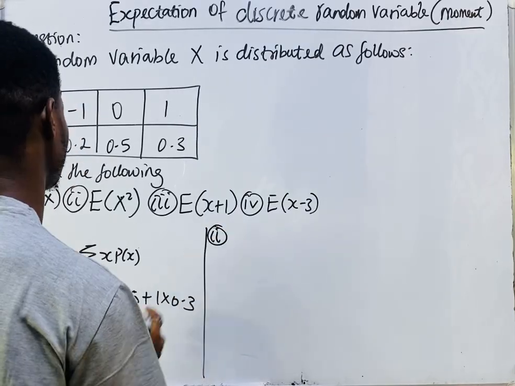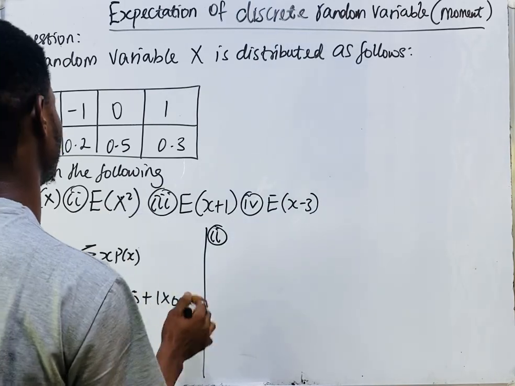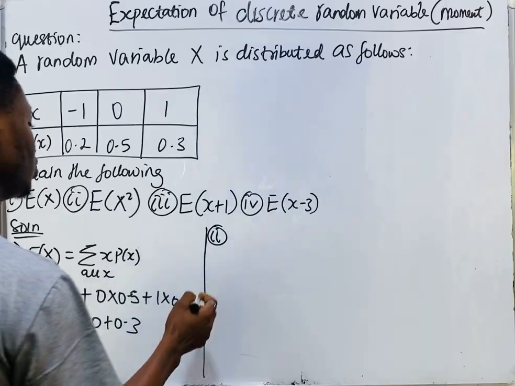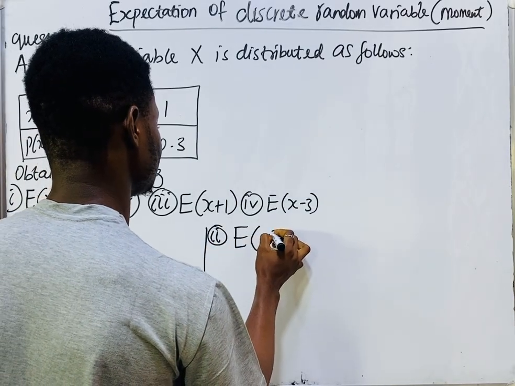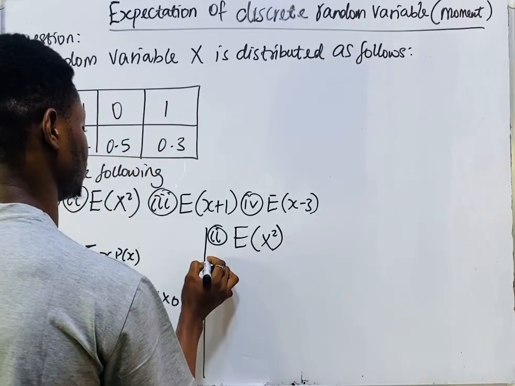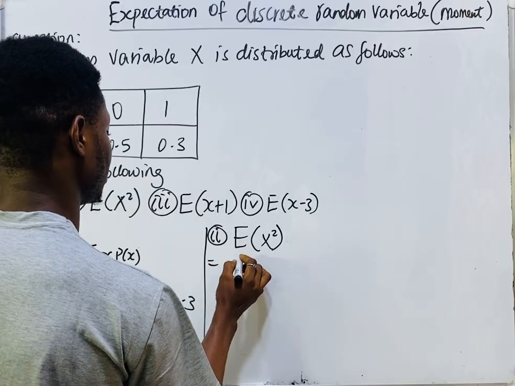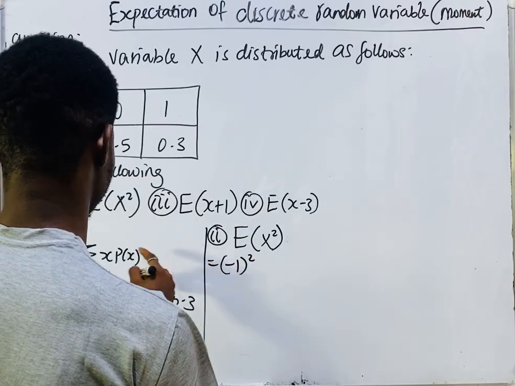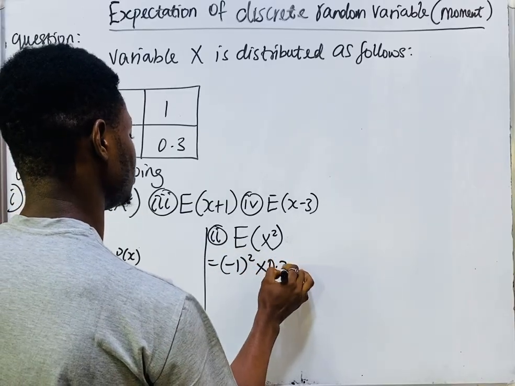Now we go for expectation of x squared. So what are we going to do? Anywhere we see x here, we are going to square it. So expectation of x squared. Now our x is -1 squared. So -1 squared times p of x, which is 0.2, right?